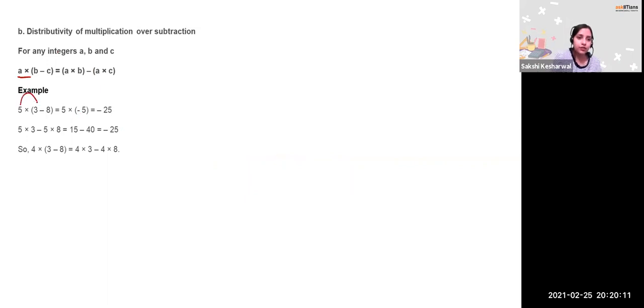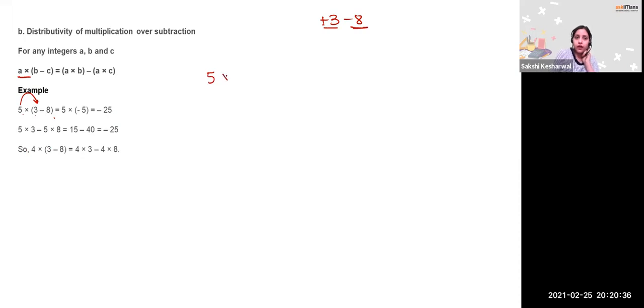So it says 5 into (3 minus 8). So 3 minus 8 is what, beta? -5, because one is positive and the other is negative. So negative and positive, you will be subtracting and putting the sign of the greater value, right? So it will be -5, that's -25.